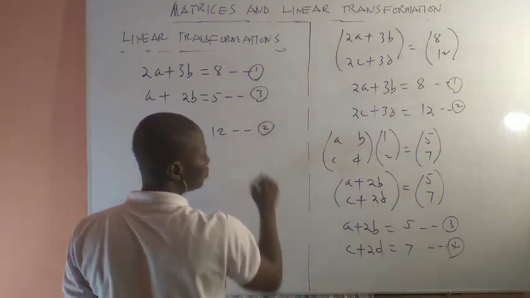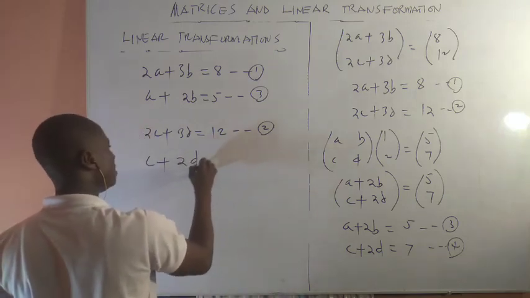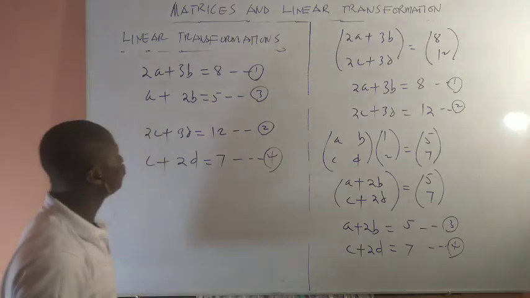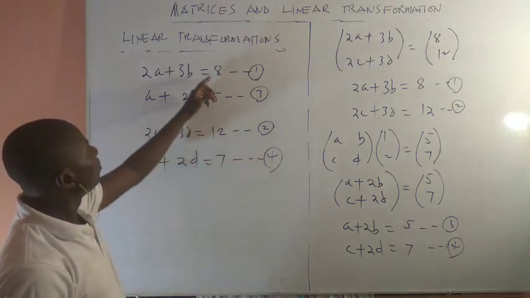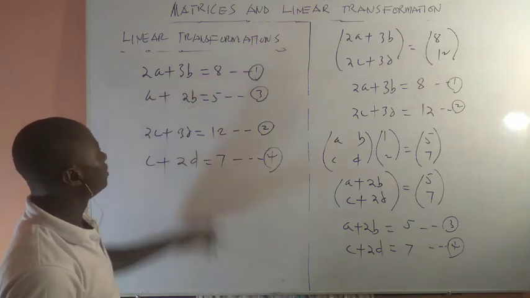This is equation 2. Then we have C plus 2D, and this will be equal to 7, and this is equation 4. So when we solve equation 1 and 3 simultaneously, you get the value of A and the value of B.